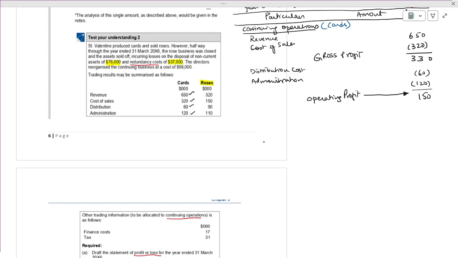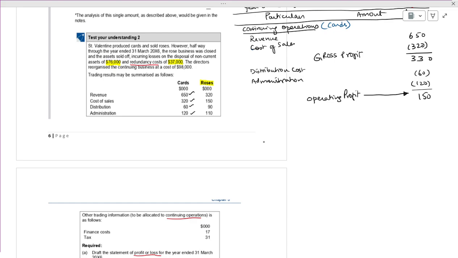They said that here the rose business was closed and the assets were sold off, incurring losses on the disposal of non-current assets. 76,000 was the loss.